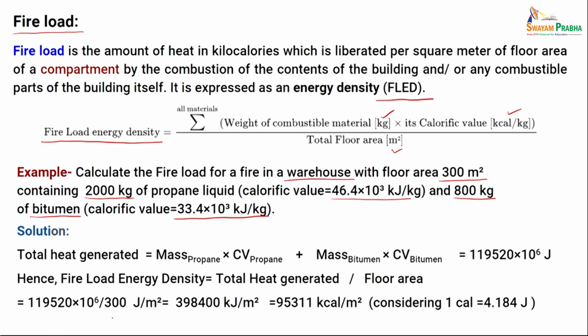So, this value is 398400 kilojoule per meter square, which is equivalent to 95311 kilocalorie per meter square. So, what is the conversion? 1 calorie is equal to 4.184 joule. With this, you can find out the fire load energy density.